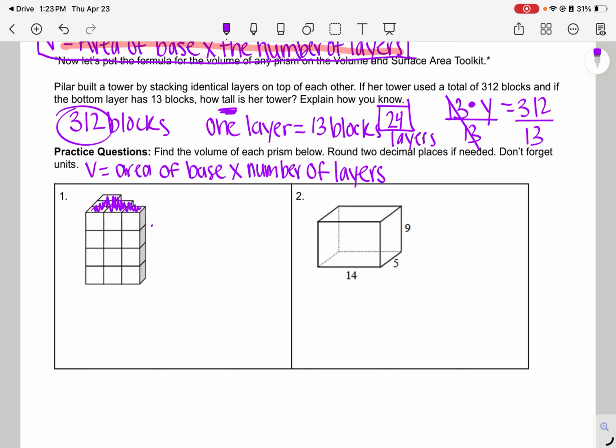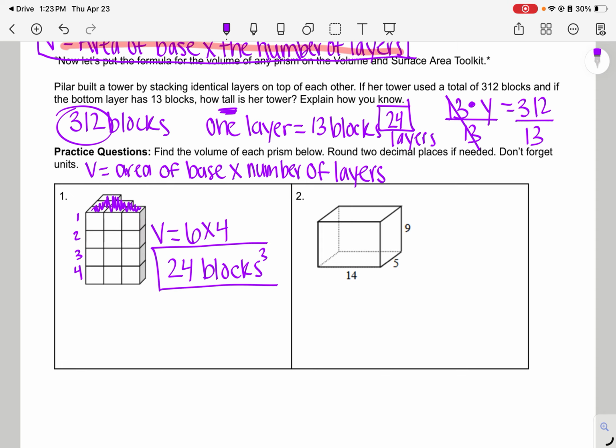So 6 blocks are in my base, so that's the area of my base. And then how many layers of my base do I have? 1, 2, 3, 4. So 6 times 4 will give me my volume, which is 24, and then blocks cubed, or you can think units cubed, however you want to write that.